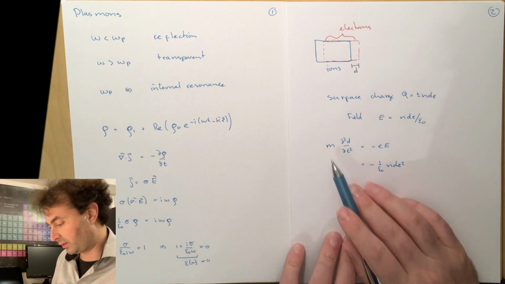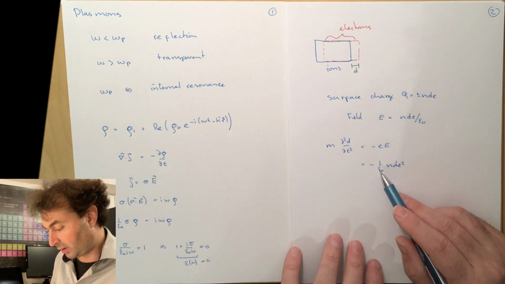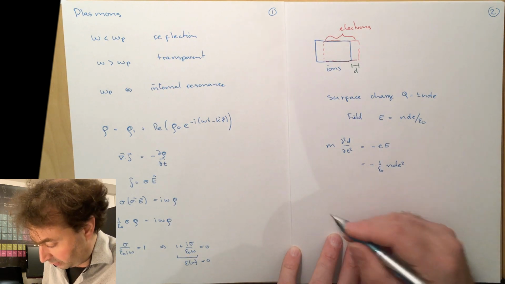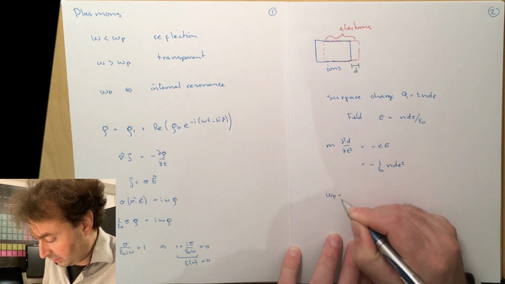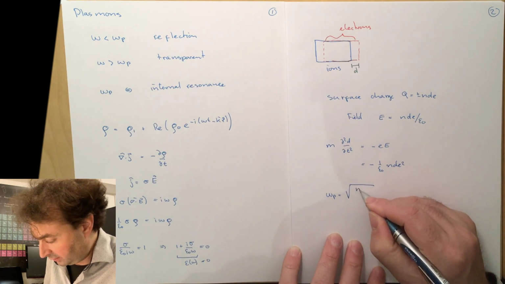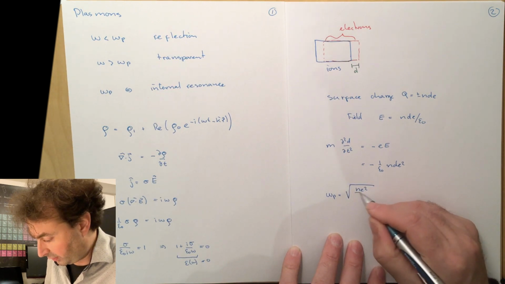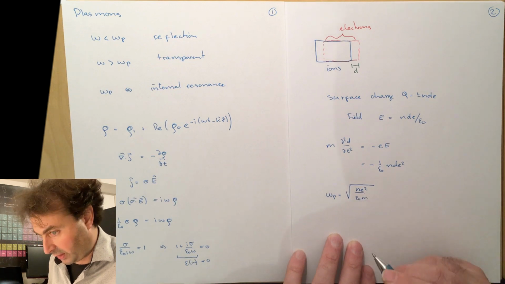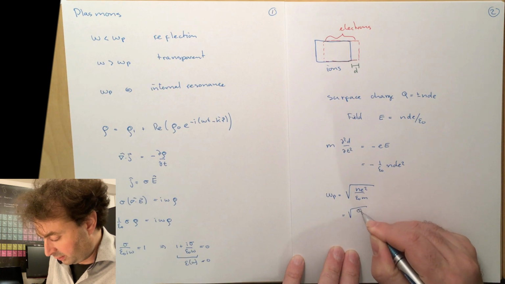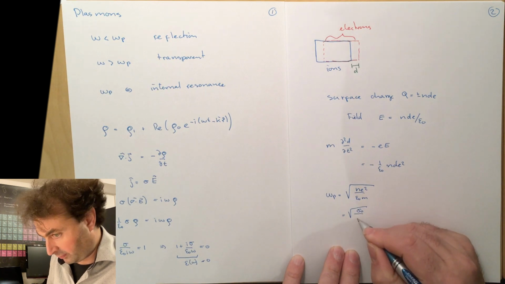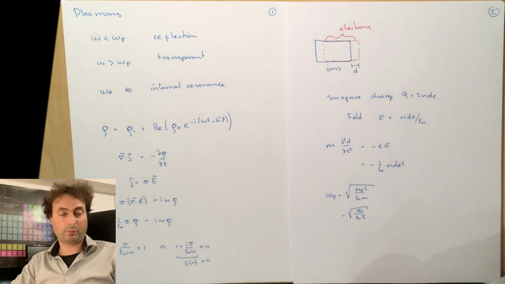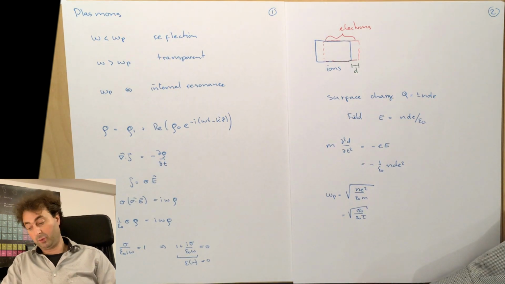So the resonance frequency is the square root of n e squared over epsilon 0 m. We can put in sigma 0, epsilon 0, tau, and that is exactly the plasma frequency that we had before.